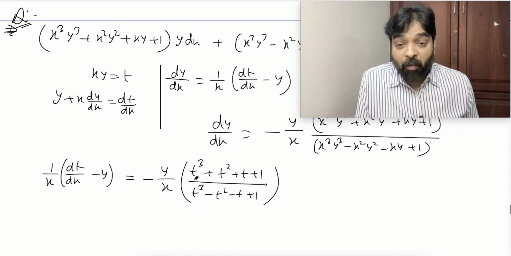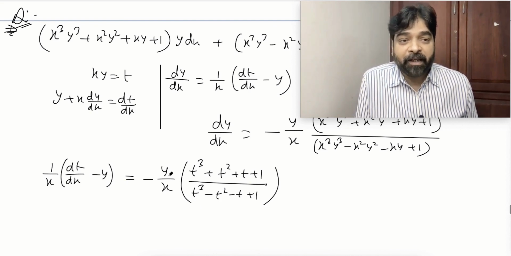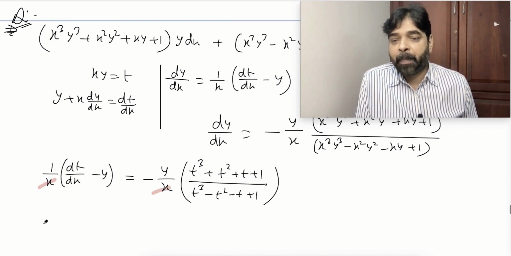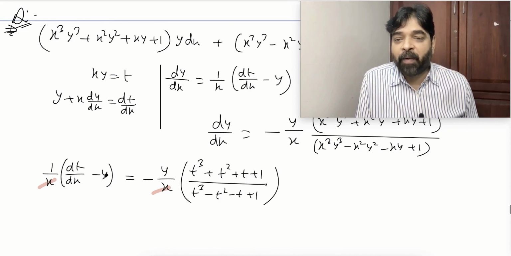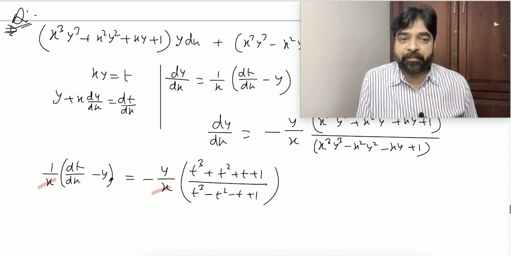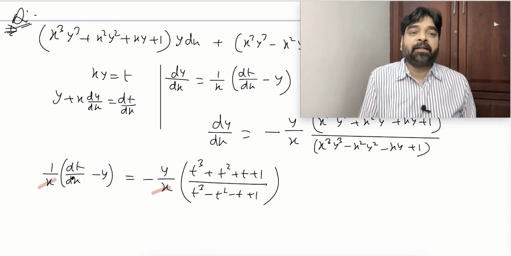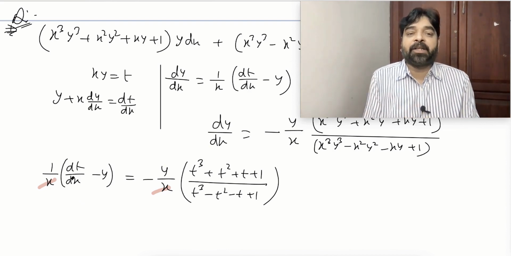Remember, y has to disappear. So 1 by x will get cancelled. And y is in two places. This y I can write as t by x, and this y also as t by x. Then shift to one side so variable separation will be possible.